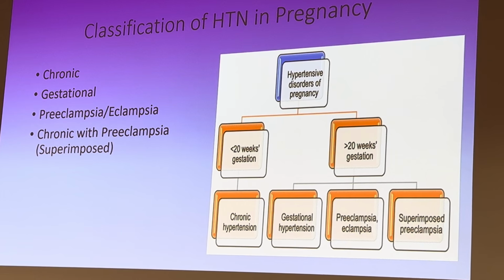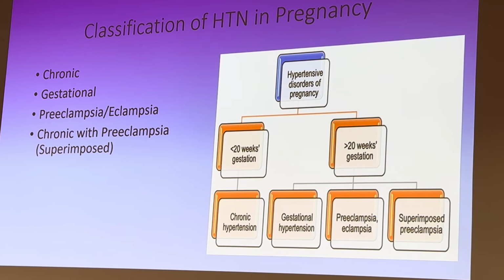So, preeclampsia, eclampsia, that develops when you have gestational hypertension plus protein in the urine, or proteinuria. And some of y'all know about this because we talked about this last night in Sim Lab. As far as protein to creatinine ratio, they'll get a little dip of the urine.